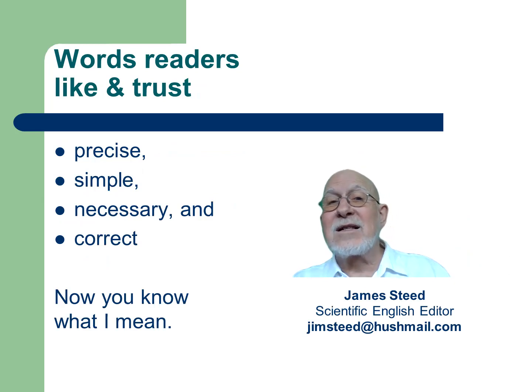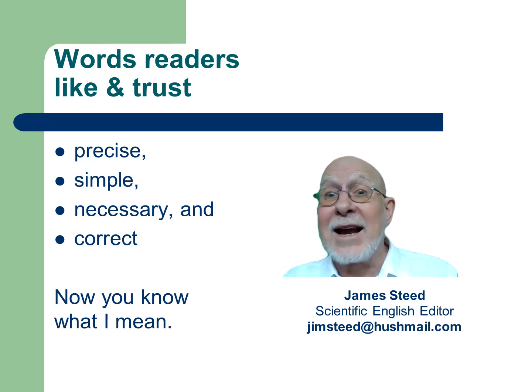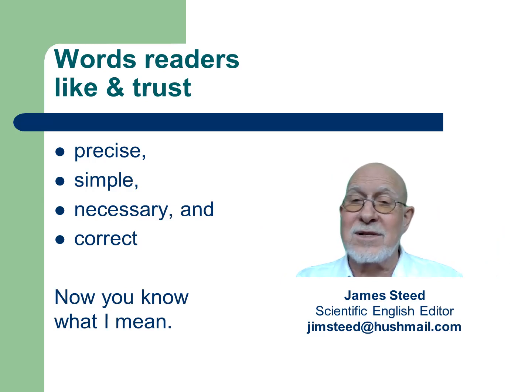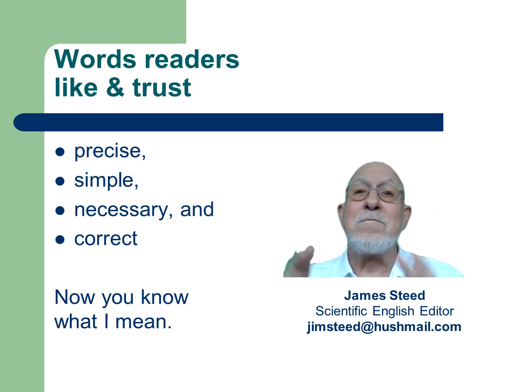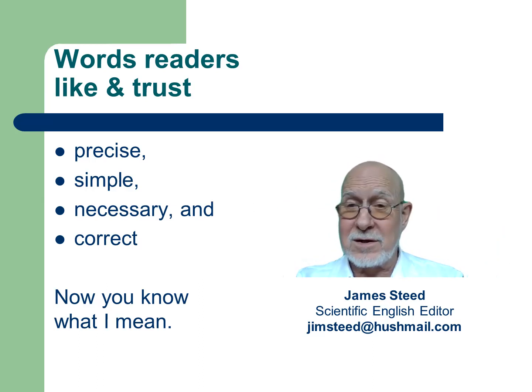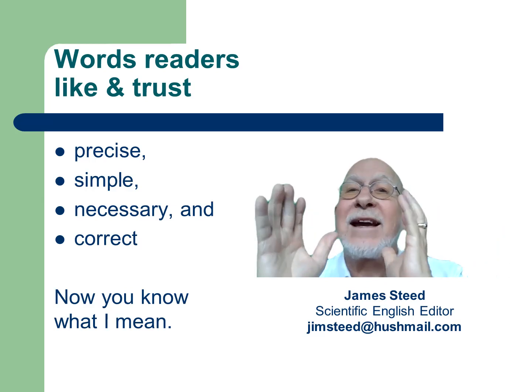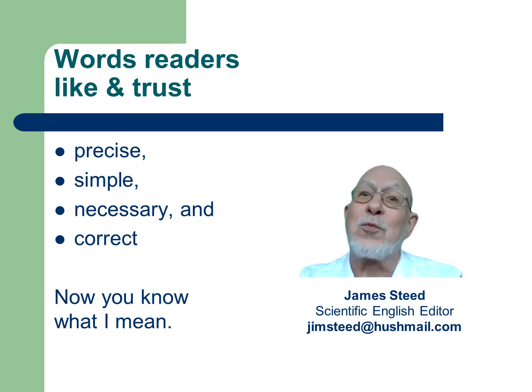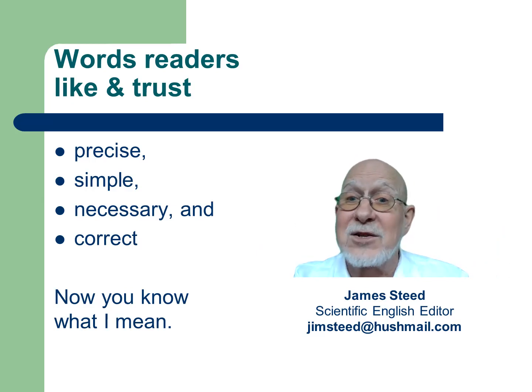So you're choosing precise, simple, and correct words, and you are eliminating unnecessary words. These things will make your writing much more accessible to many more readers. It'll make it easy to understand your writing, and it'll get you through the peer review process much faster.